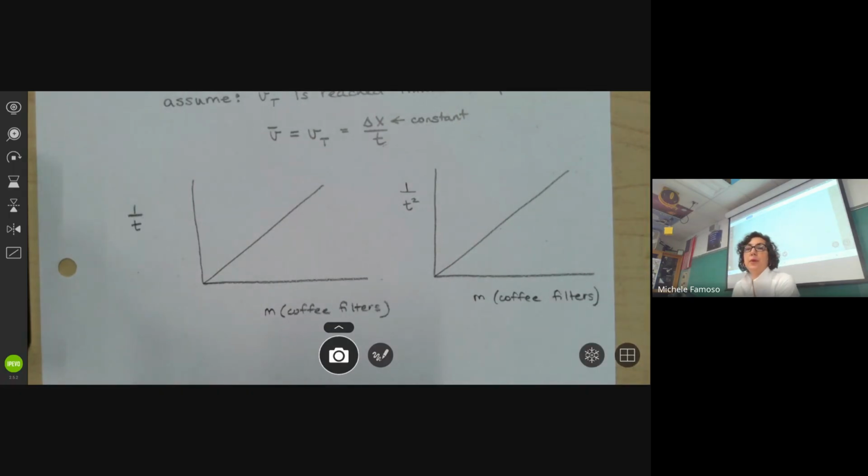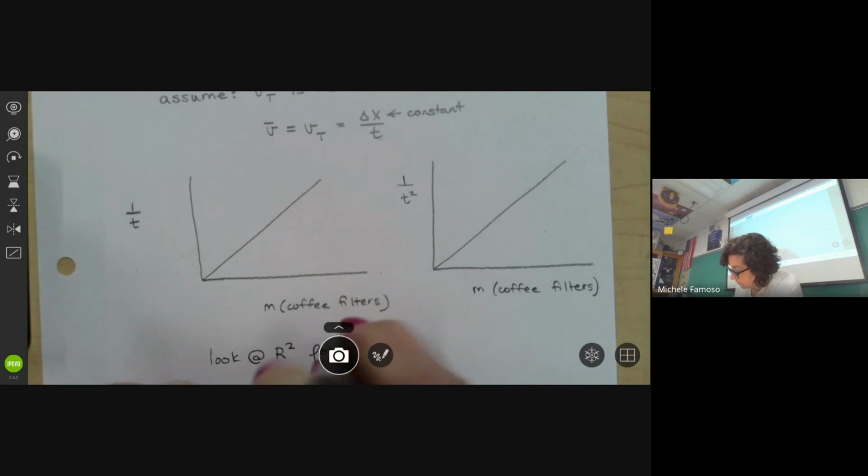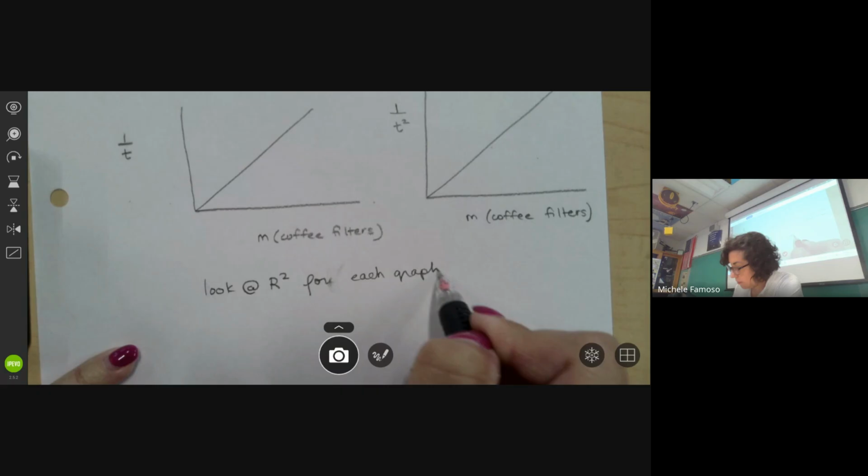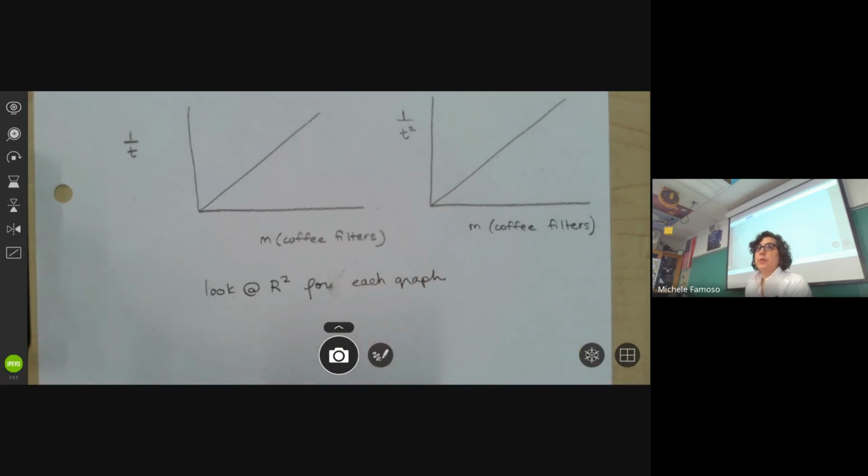How are you going to determine which is the better diagonal line? We have a way to determine if you have a better diagonal line. The what value? Not the R squared. Yeah, you're going to look at your R squared for each graph, and using that R squared, it should tell you which is the better fit.